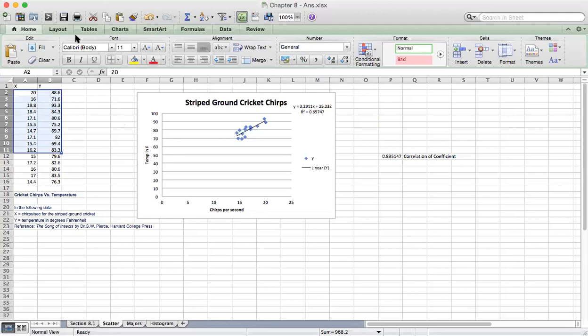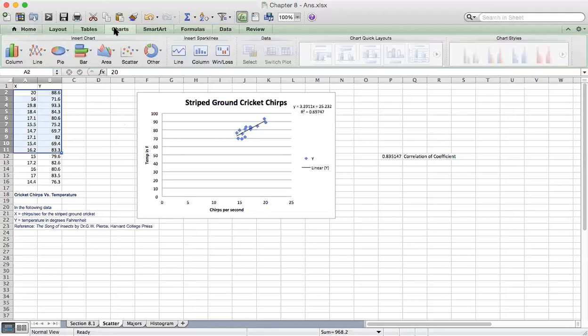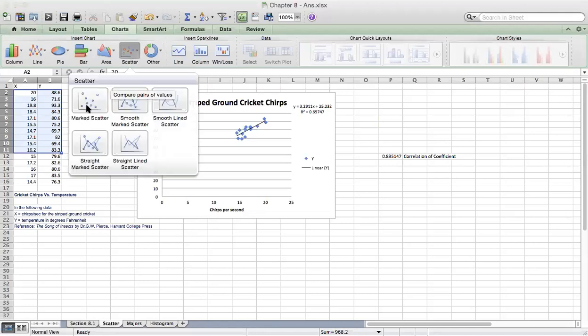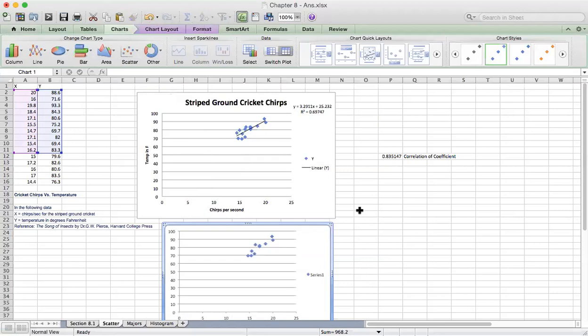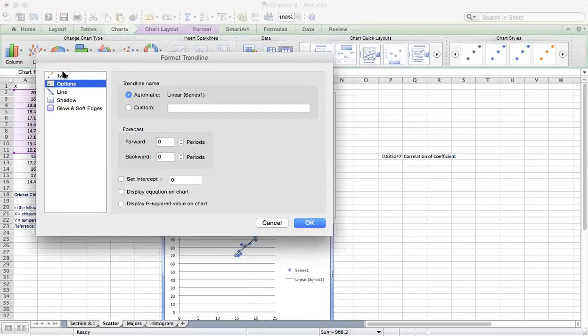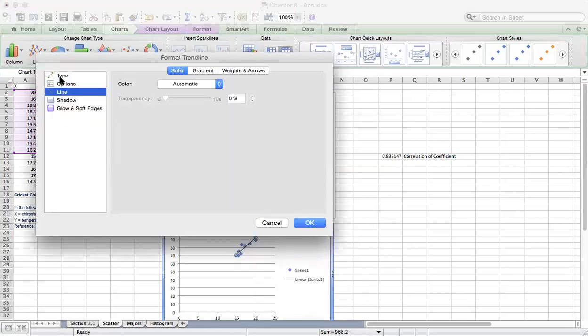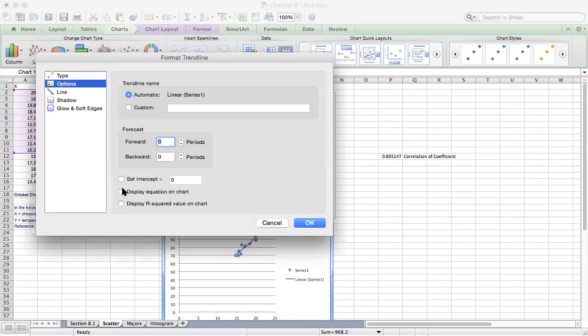So again, I highlight, charts, scatter. So there is, I just picked the bottom 5. Now if I add a trend line, so I'm going to do linear. It's already highlighted. I want to display my chart and my equation.